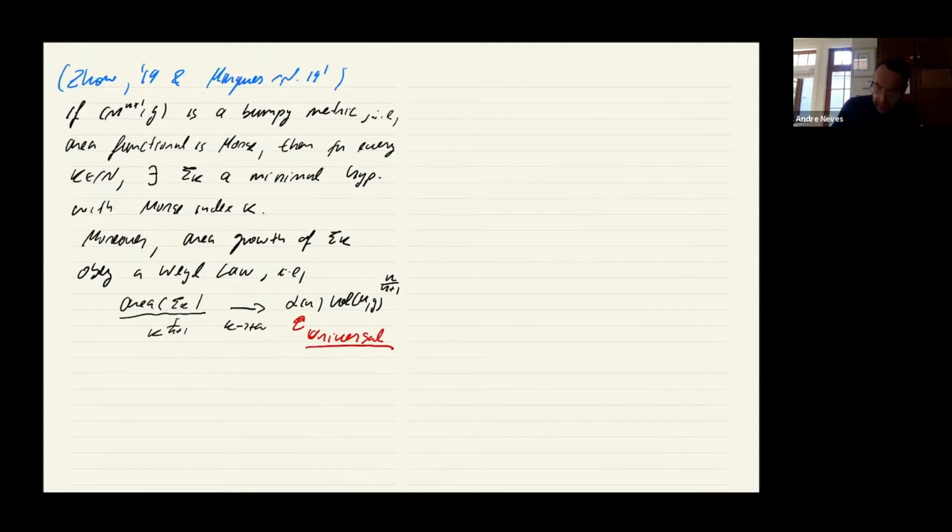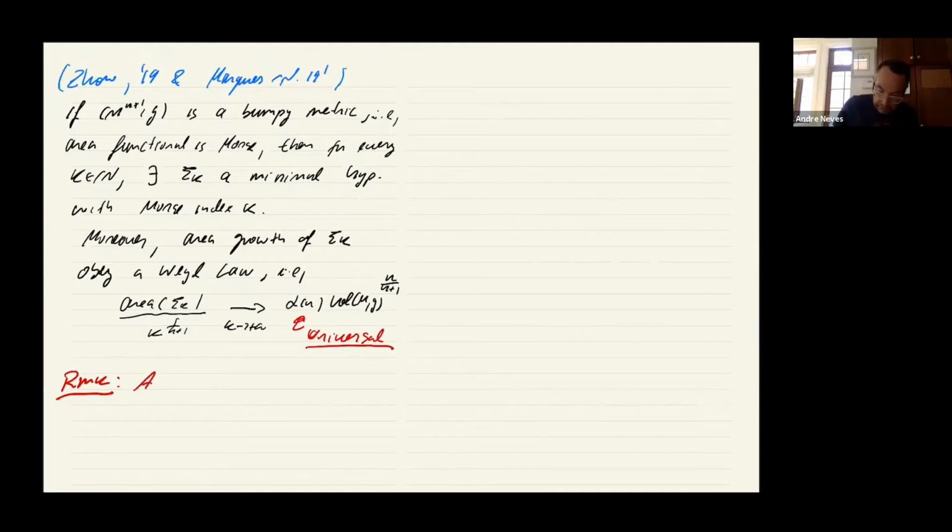And now let me mention one more result. Let me mention a remark, which I think is interesting: a generic manifold should have many more minimal surfaces than the ones given by this theorem.